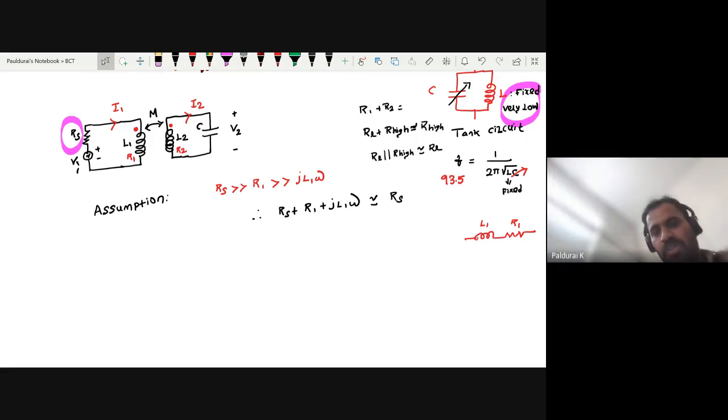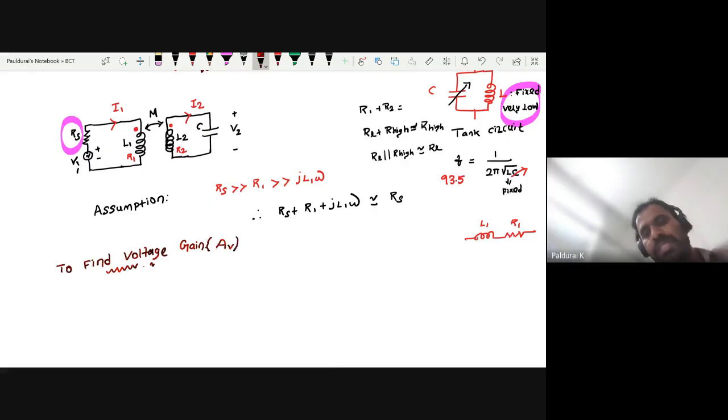Now I want to find the voltage gain. It's very important. Voltage gain is denoted as A sub V. What is the formula to calculate voltage gain?